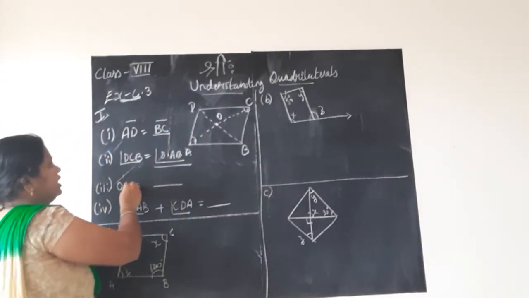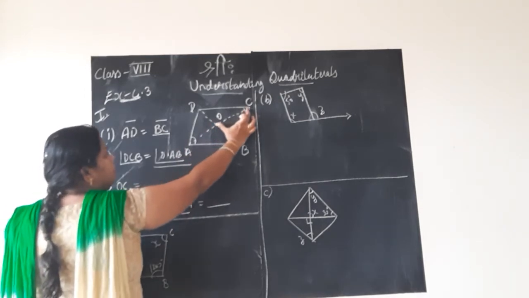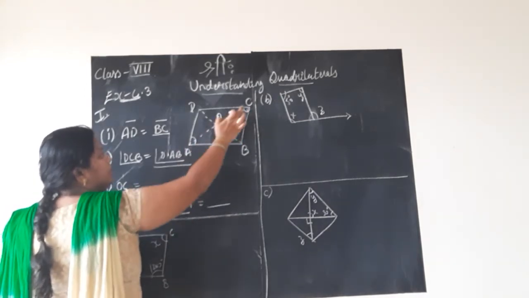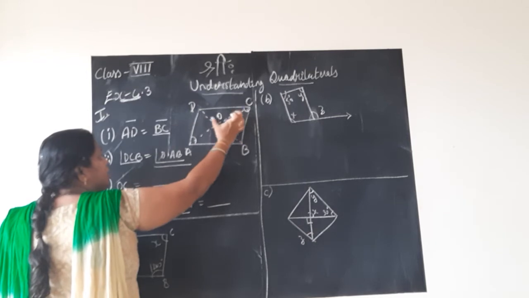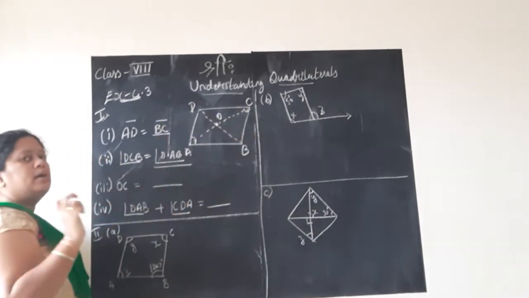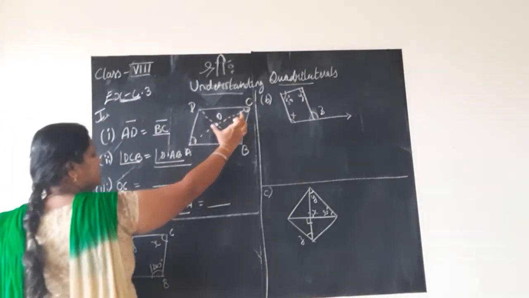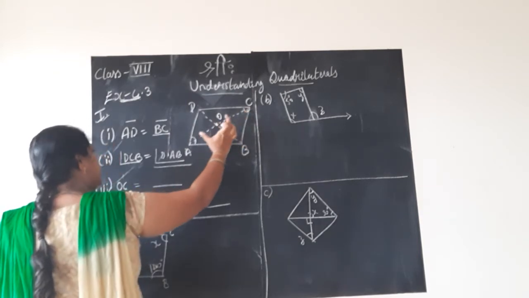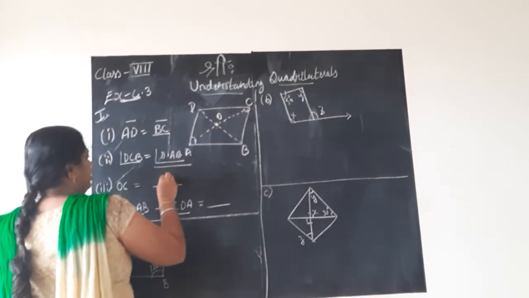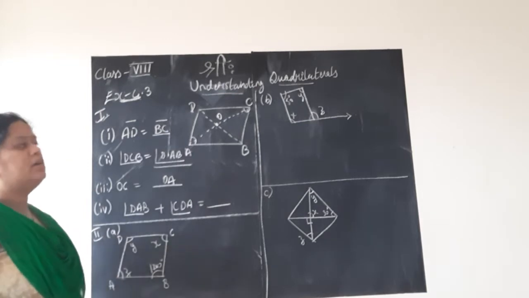Third one, what is OC equal to? OC means this length OC of the diagonal AC. The diagonals are intersecting at point O. So we are getting this point OC, children. OC is equal to OA, I will tell. Why is OC equal to OA?